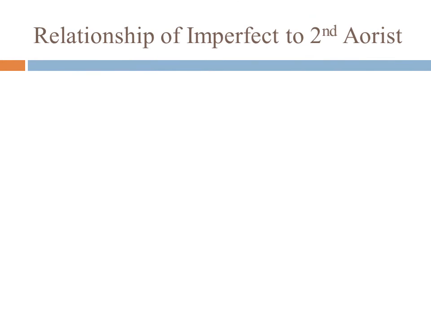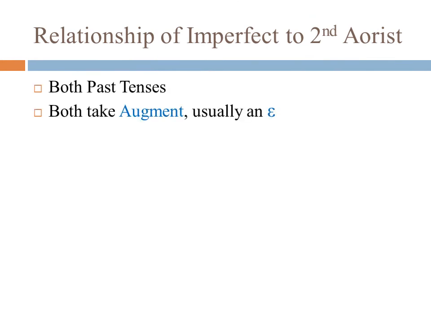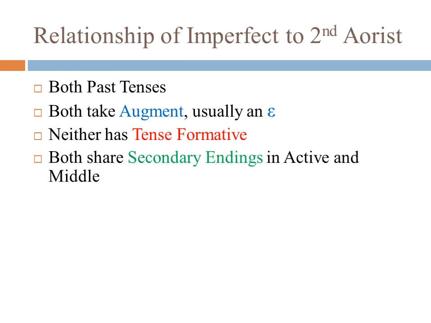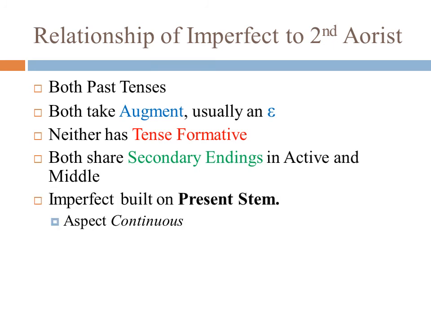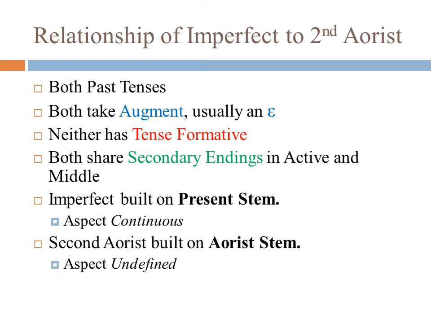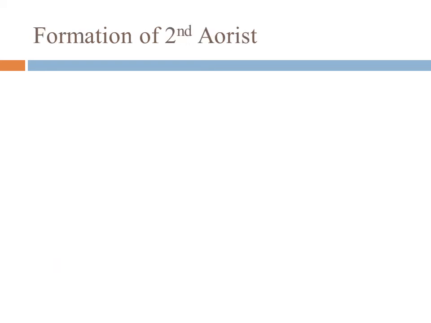The relationship of the imperfect to the second aorist. Both are past tenses. Both take an augment, and it's usually an epsilon. Neither has a tense formative. Both share secondary endings, both in the active and the middle. The imperfect is built on the present stem, and therefore continuous. The second aorist is built on the aorist stem, and therefore undefined.